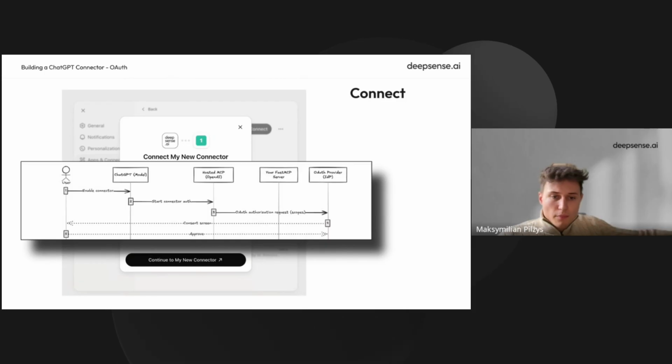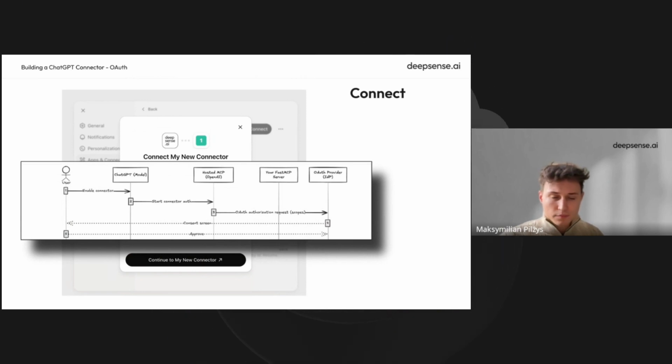and let's go back again to our sequence diagram. We are right now starting the whole OAuth flow. So right now we are at number 1, and after clicking to continue to my new connector, numbers 2 and 3 will happen, and we're going to receive the consent screen from the OAuth provider.